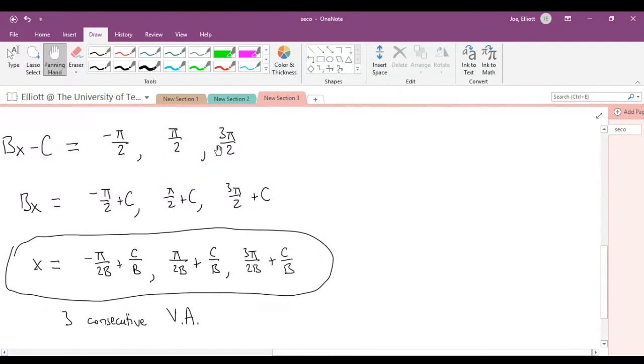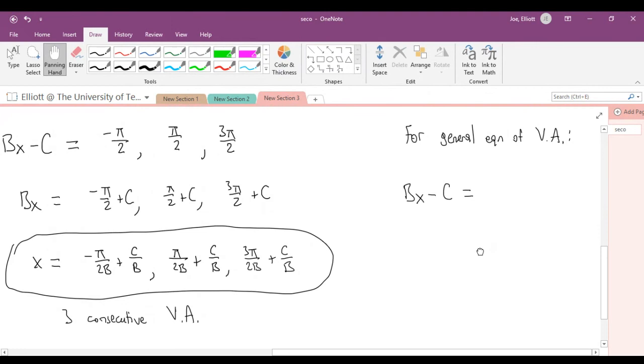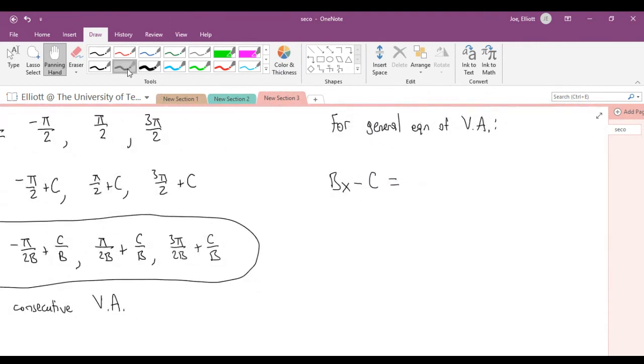It's 1 pi over 2, 3 pi over 2, 5 pi over 2, 7 pi over 2, and so forth. So what you want to do then is come up with a general expression that represents an odd multiple of pi over 2 to use on the right over here. And then you have a couple of options for that.